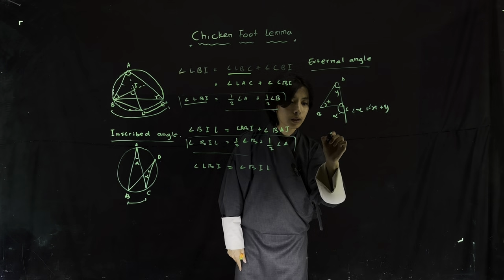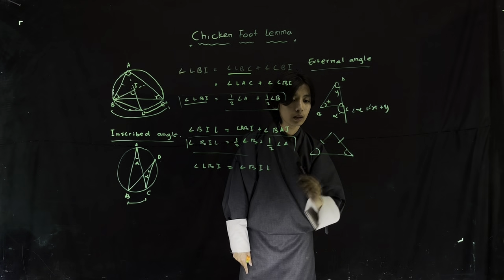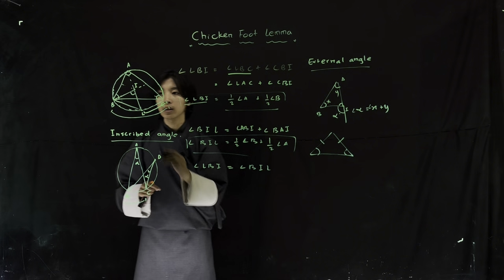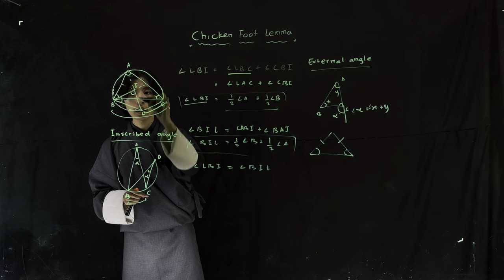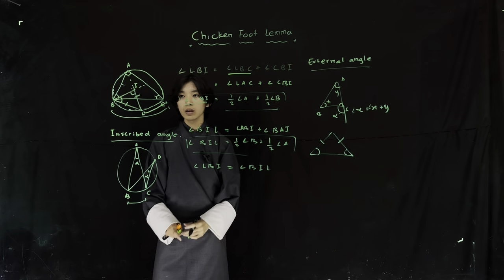Now in an isosceles triangle, when two angles are the same, we can also say that their opposite sides are equal. In this case, this angle and this angle are congruent, so this side and this side are also equal.